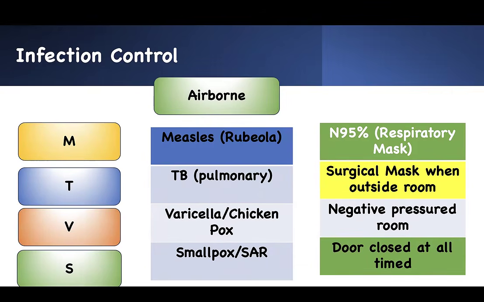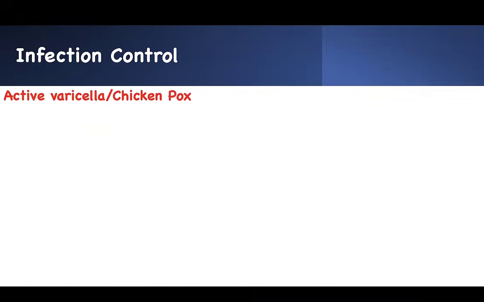Now, let's take varicella and chickenpox, because there are a few things you have to know. They test you when they ask you about varicella and chickenpox. It's highly tested on the NCLEX and in nursing school. The first thing I want you to know is if you have active varicella or chickenpox with all the rash, what do you think?